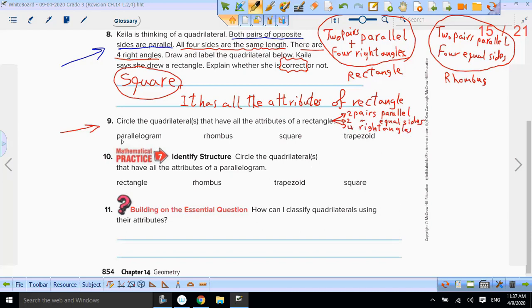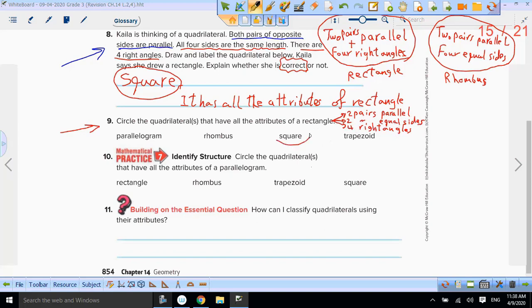So the parallelogram has all these properties? No. It has two pairs of parallel sides. Does the rhombus have all these attributes? No. It has two pairs of parallel sides and four equal sides, so we can say two pairs of equal sides, but it has no four right angles.